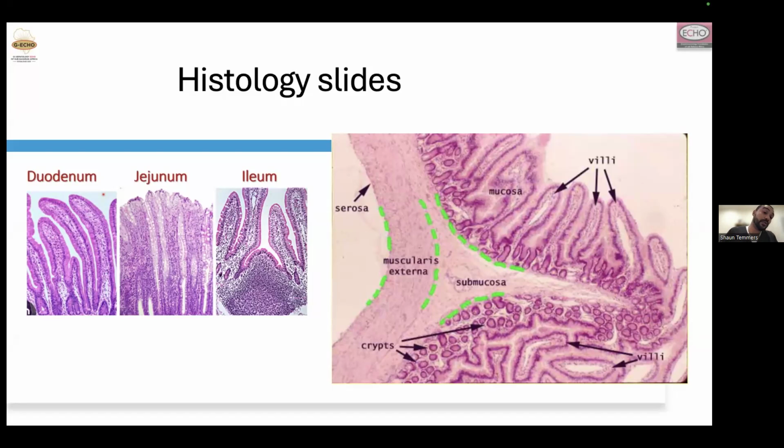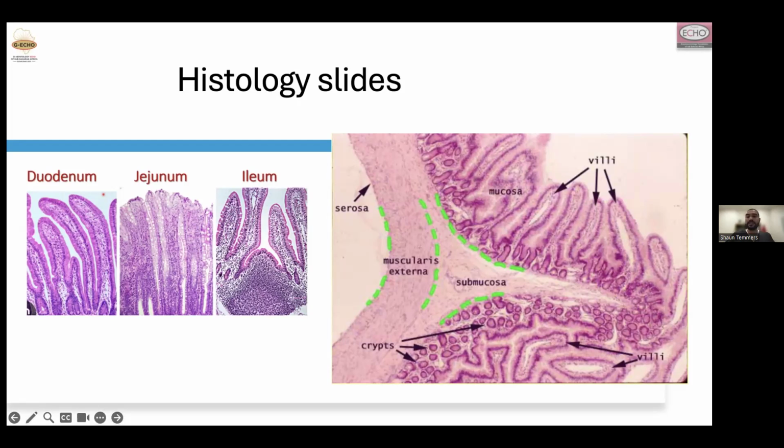The duodenum also has longer villi and long villus to crypt ratios with increased brush borders. But as you look closer at these slides, you can see that there are few goblet cells in the duodenum, and they occur predominantly in the jejunum. You do find them in the ileum, but they're very scanty within the duodenum itself.